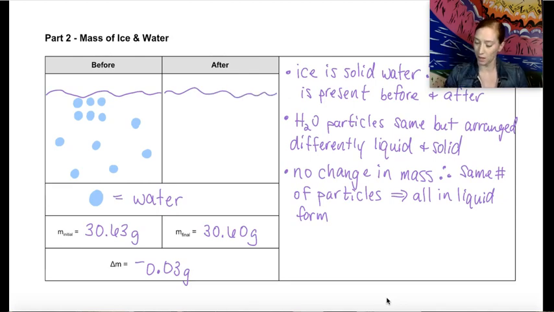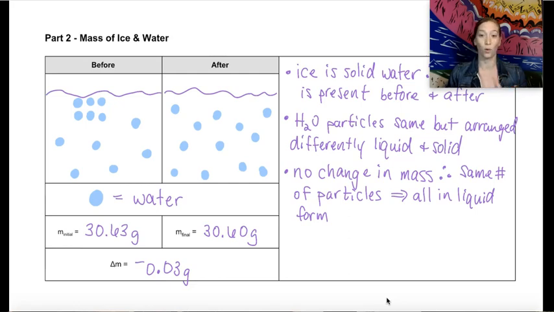That's really not necessary, but I just kind of like it here. Particles. Again, I had 6 ice, 6 water for a total of 12 water particles. So I need to have 12 spaced out to represent the fact that they're in the liquid form. So 5, 6, 7, 8, 9, 10, 11, 12. Okay. That represents what we have going on here.